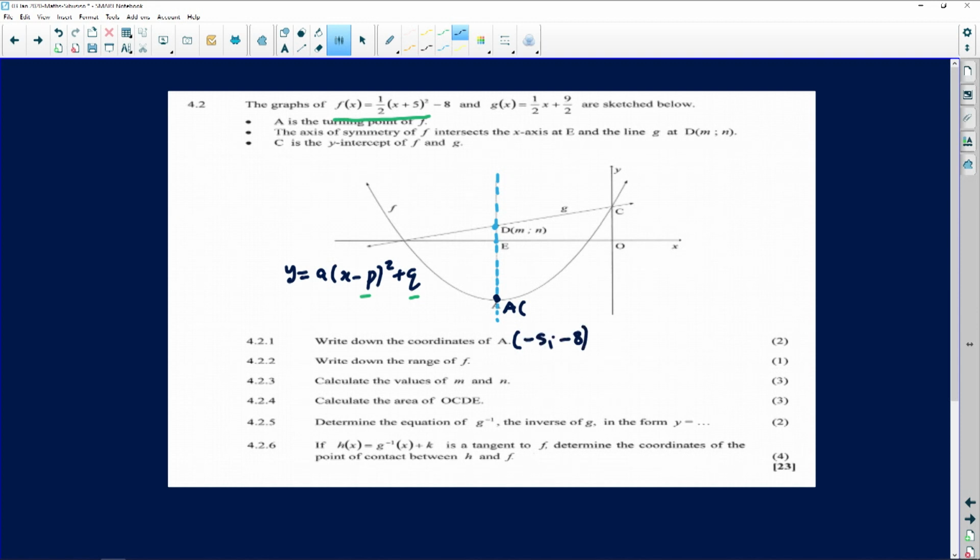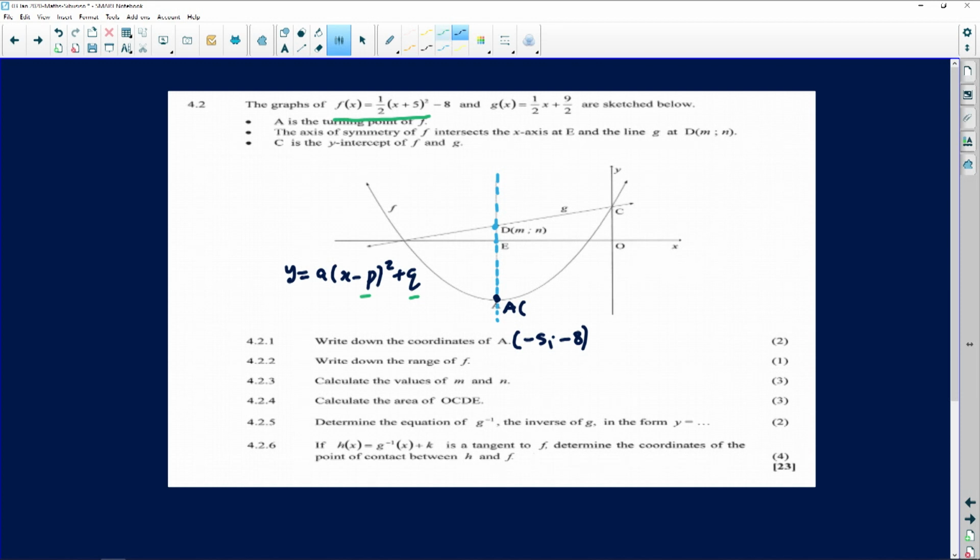Remember, the x coordinate will always be the opposite of what you're looking at inside that bracket. If it's a plus, you'll write a minus, and if it's a minus, you'll write a plus. But the y one, the q, the -8, you take it as you see it. That's going to be -8, the y coordinate of the point A.